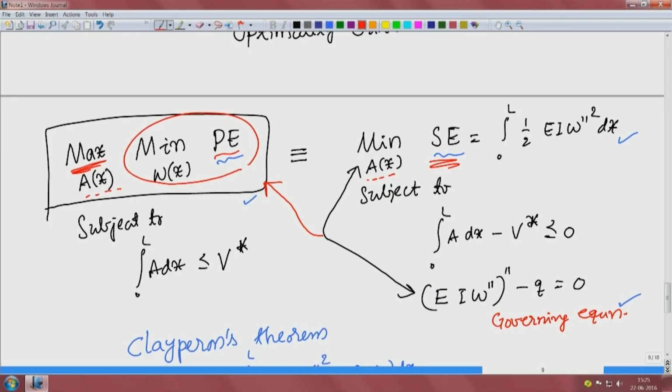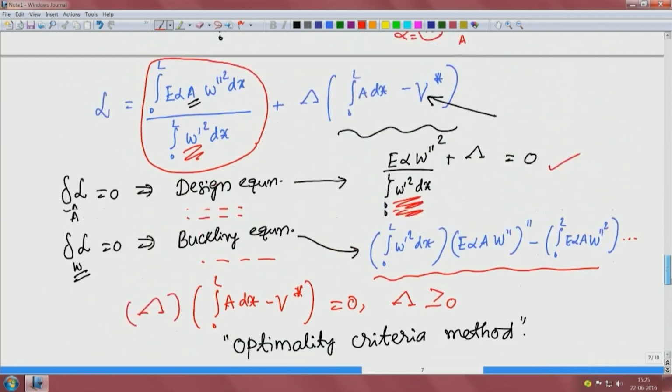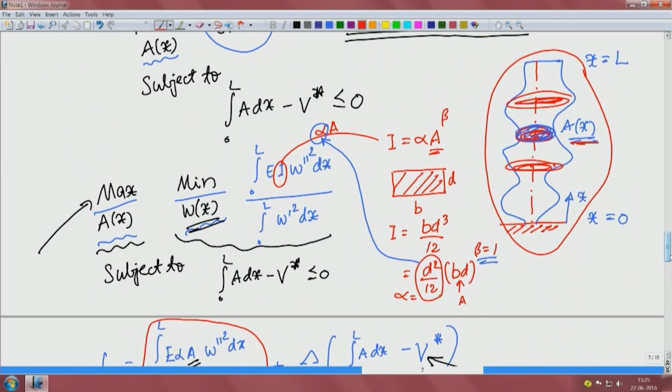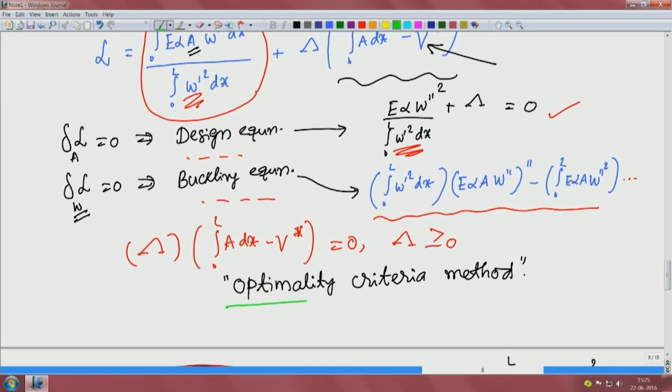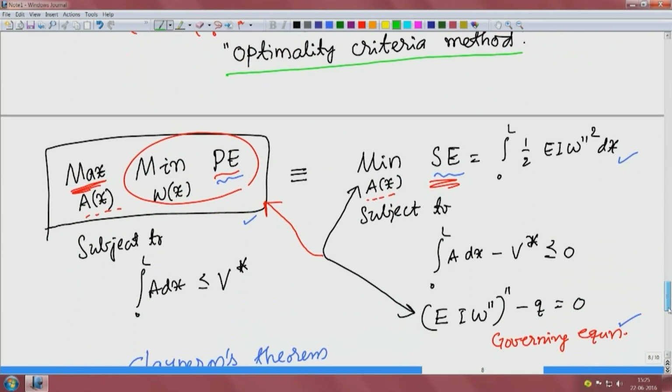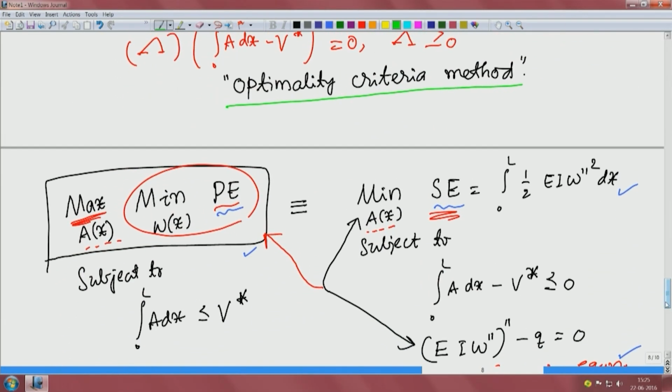So, this max min formulation helps us solve problems, and that is how we can do the strongest column problem by doing it as this max min problem over here. Okay. So, this can be numerically done using the so called optimality criteria method. All right. So, we will look at a program in the next lecture as to how this strongest column thing works. Thank you.